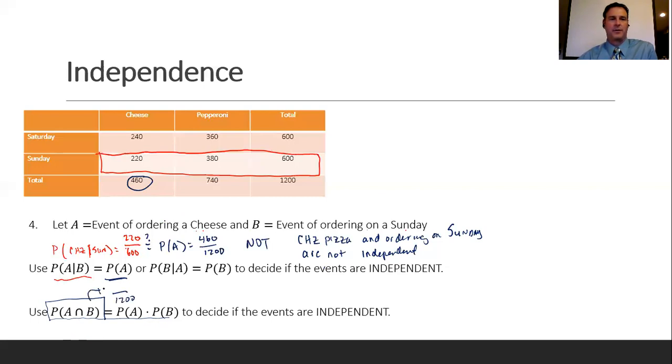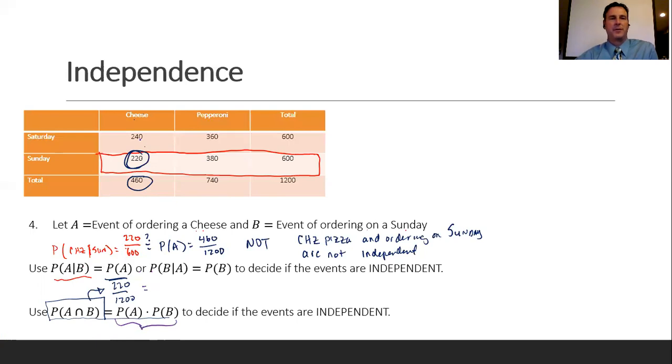A and B means it has to be cheese and on a Sunday. Cheese and on a Sunday, there's 220. And what I want to do is see if that is equal to P of A times P of B.